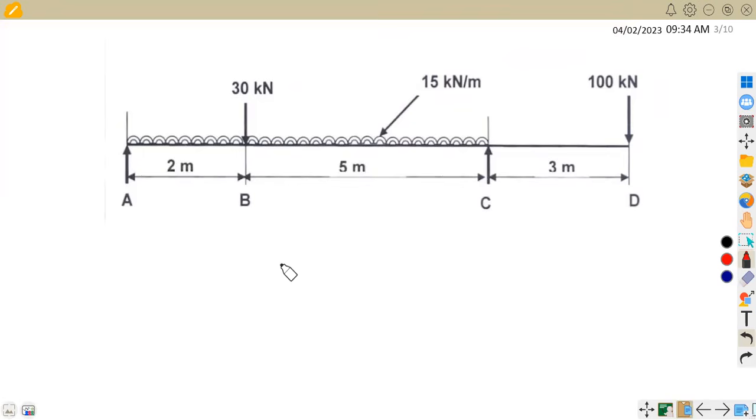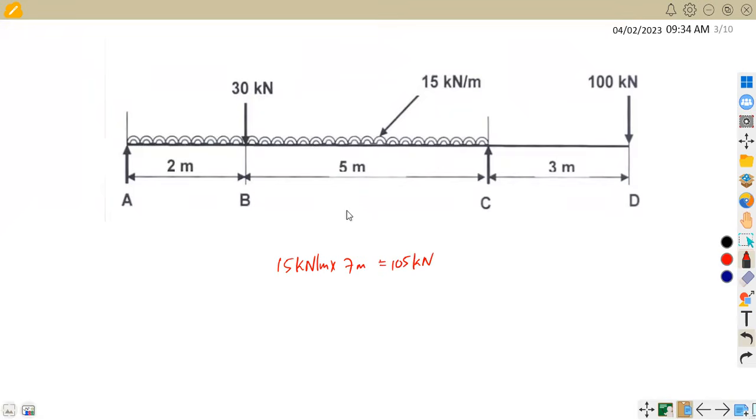This is going to be 15 kilonewton per meter times the 7 meters, so that we can know the force we are using, which is 105 kilonewton.